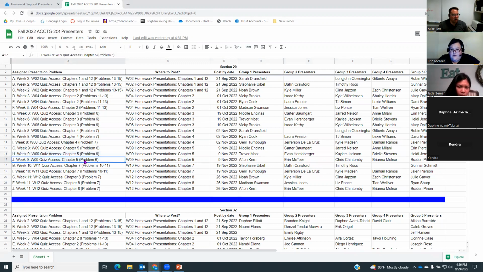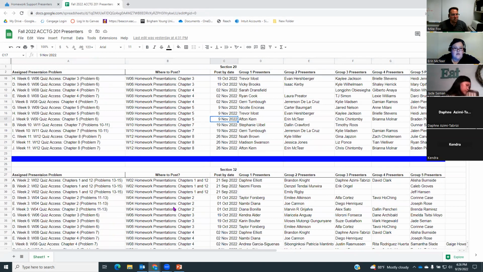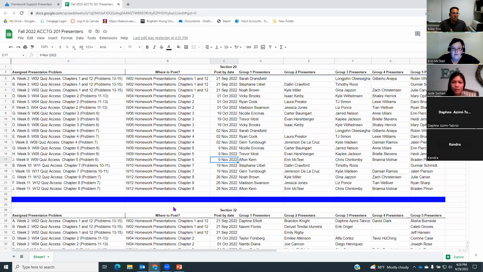She can see which problem it is, chapter 5, problem 6, where she's supposed to post it in the discussion board, and what date it needs to be posted by. That's all here, and it has everybody listed. I wanted to make sure people know, because the way the course designer set it up, the sign-up discussion locks, and then people say they didn't know they were supposed to write it down. So I put it all together here for you.